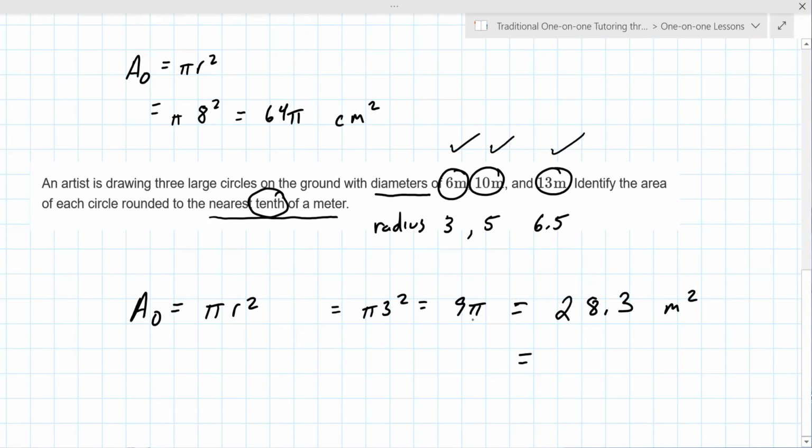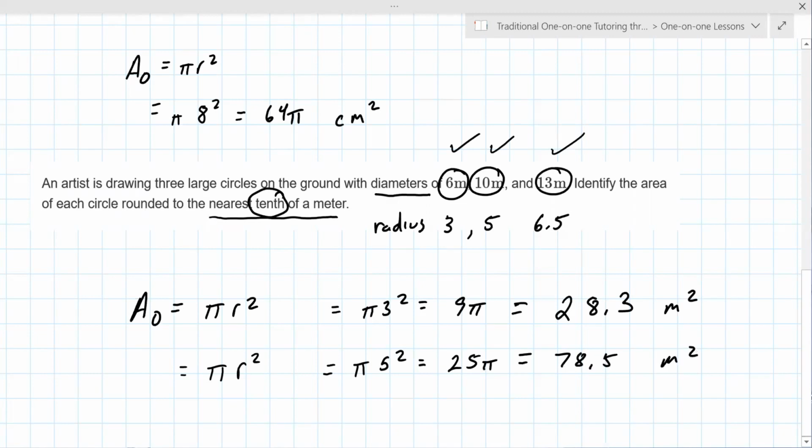So give me the next 2. You have to do it for 5 and then for 6.5. 15.7. For which one? For number 5. What is the formula for area? Oh, sorry, let me give you the correct one. So that is 78.5 meters squared.